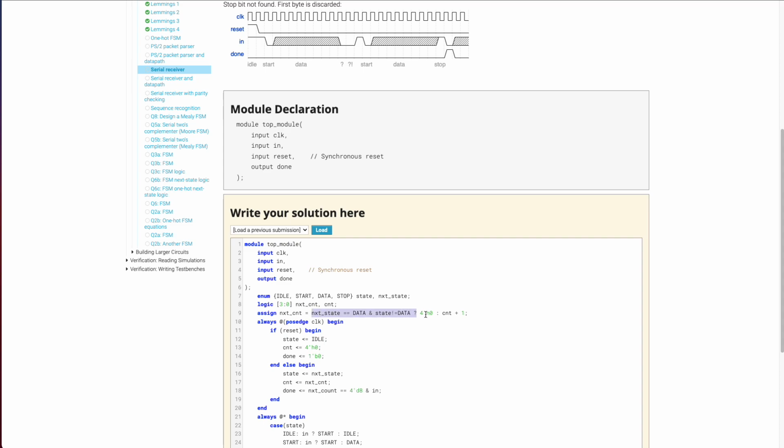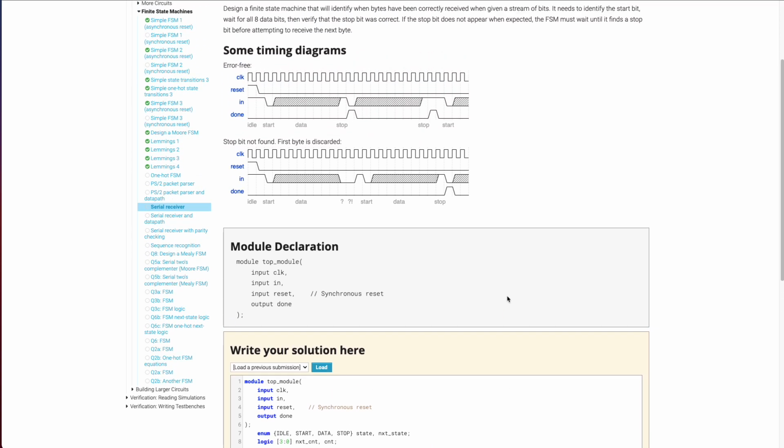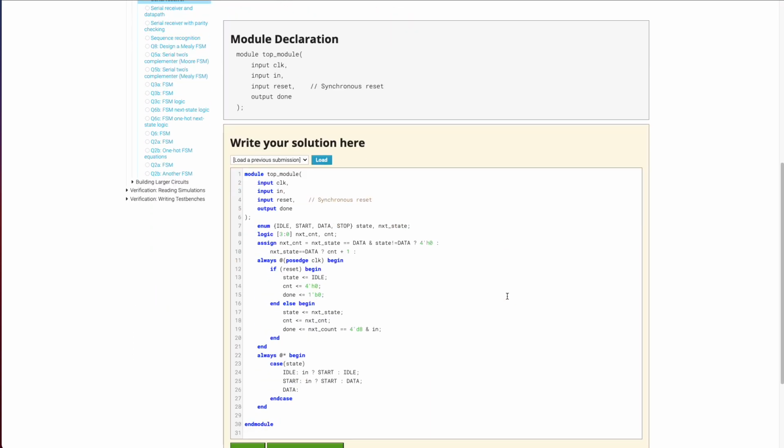So transitioning into data, we go to 0. Otherwise, if next state is data, then we continue doing this. Otherwise, I'm in some other state, so that. So transitioning data does a reset.